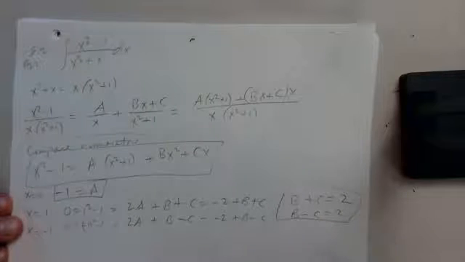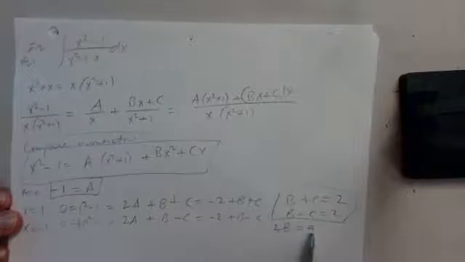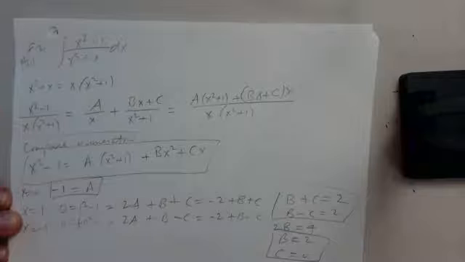And here I have two equations and two unknowns. If I add them, I get 2b equals 4, so b equals 2. And if b equals 2, c equals 0.